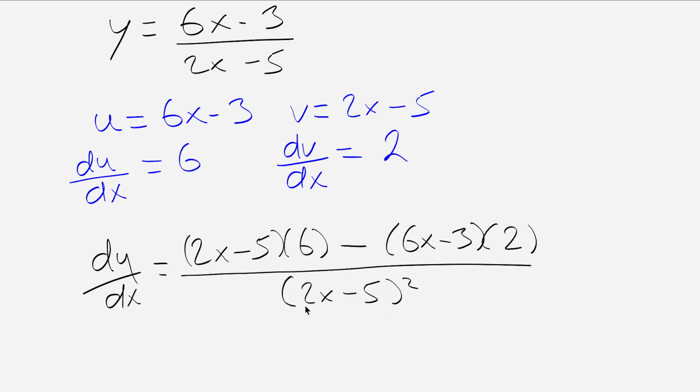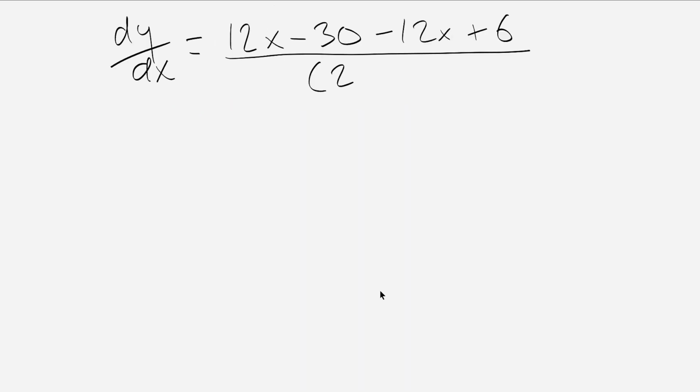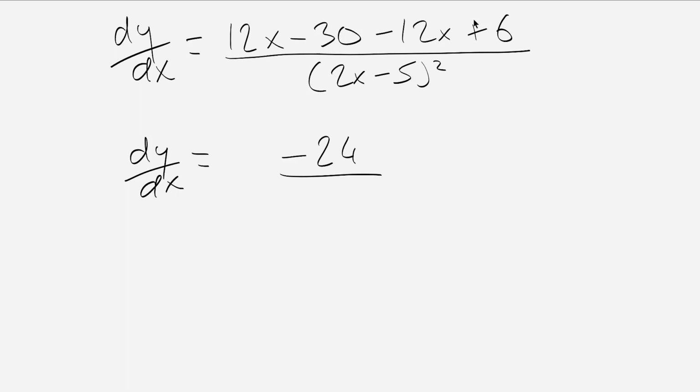You can square this out if you like, but usually we don't bother. So all over (2x minus 5) squared. So therefore dy/dx is equal to 12x take 12x, there's no x, minus 30 plus 6, minus 24, all over (2x minus 5) squared.